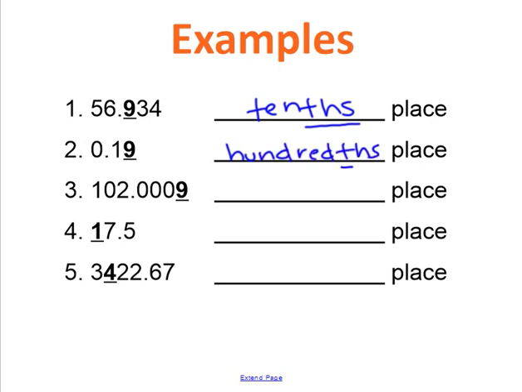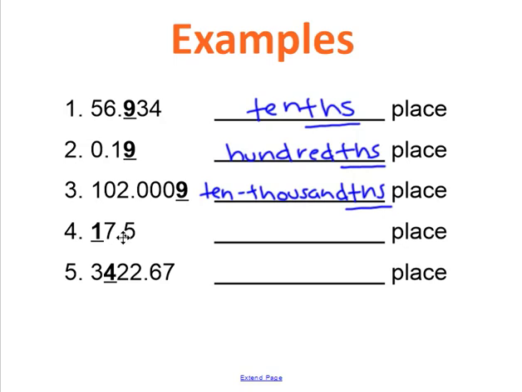Now here we go 4 spots out: tenths, hundredths, thousandths, ten-thousandths. And again, you're going to see that THS at the end.